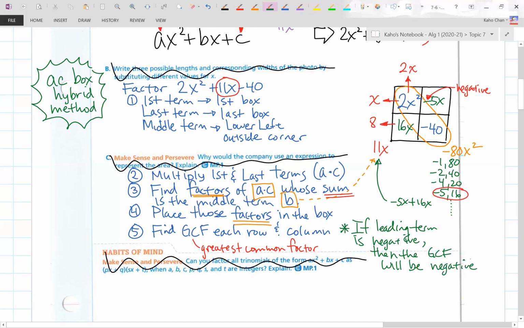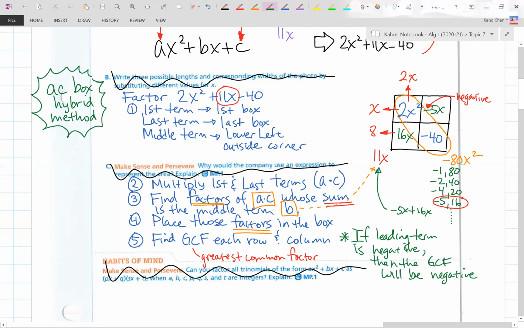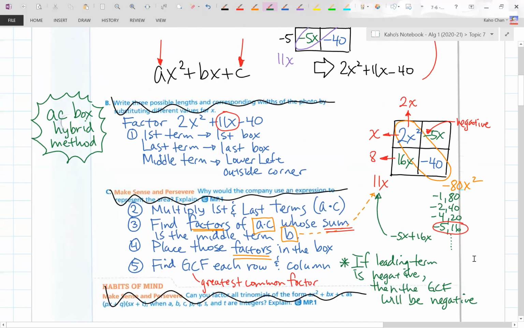Okay? And by the way, before I forget, I just realized something too. When we're using the AC box hybrid method, something to keep in mind before you can apply this particular method, make sure A is positive. If you don't make sure that A is positive, this method will fail.